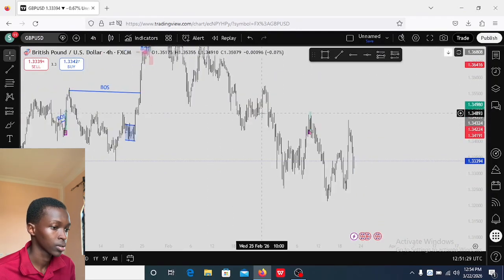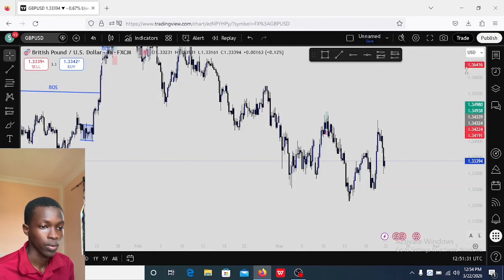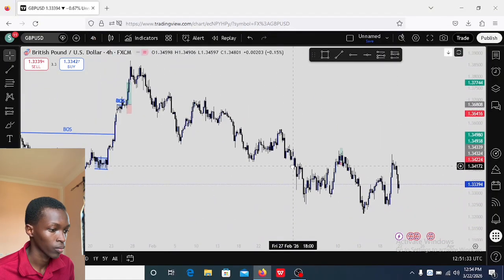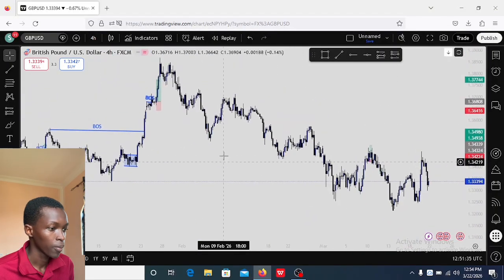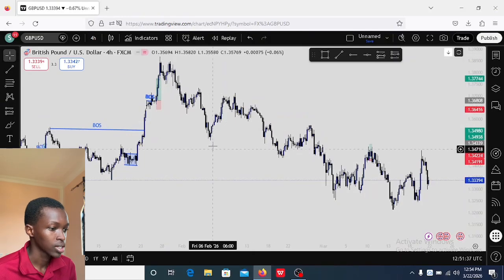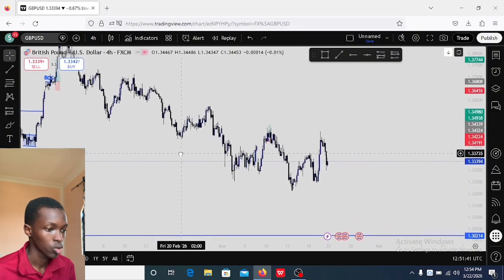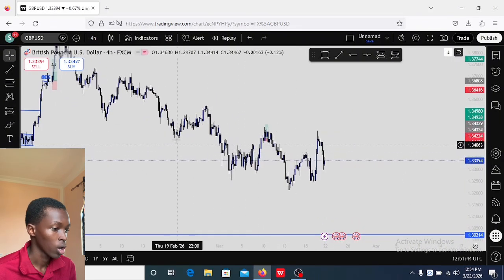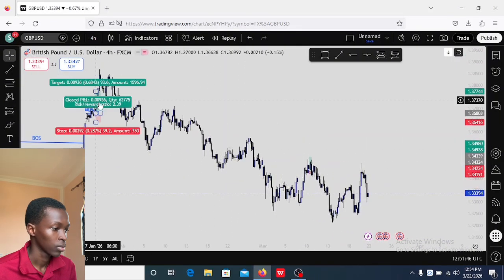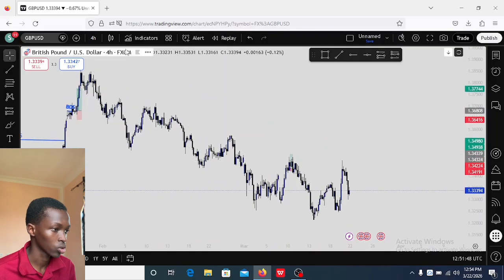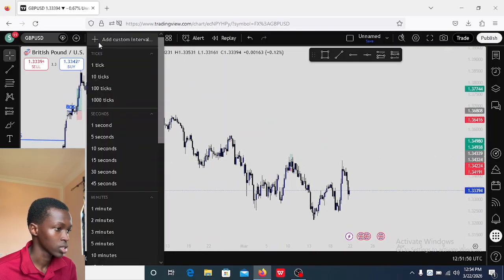You see currently price is making lower highs, lower lows, lower highs, lower lows. So according to our 4 hour time frame, GBP USD is on a bearish trend.